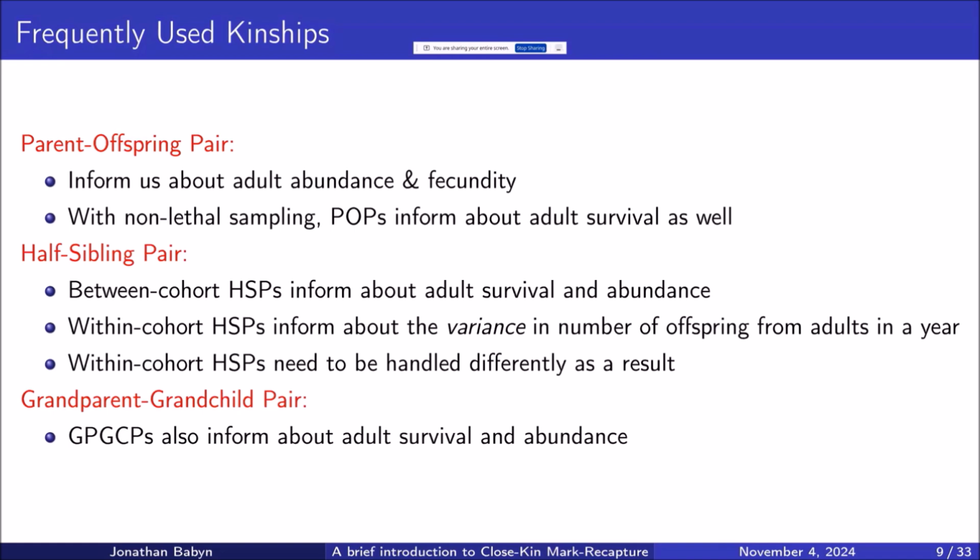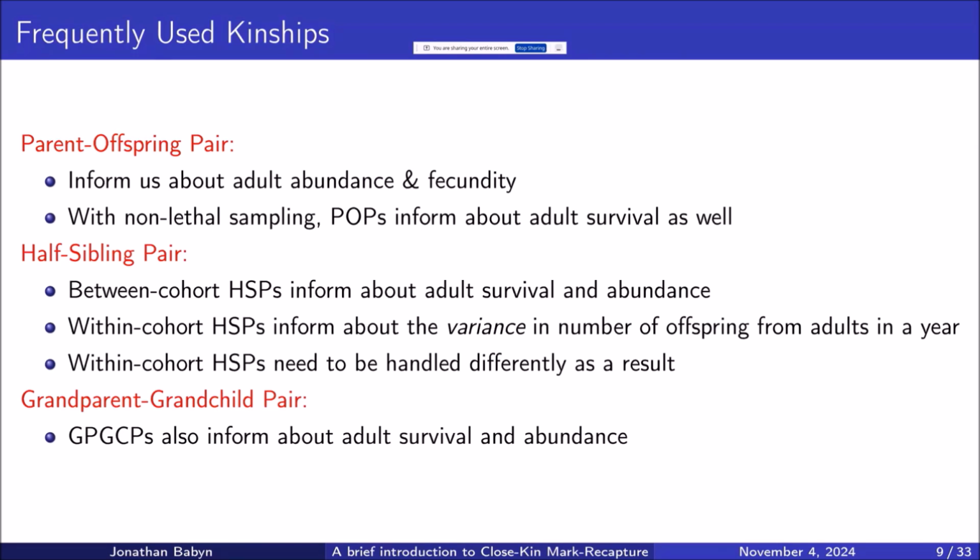These different kinship pairs inform us about different things going on in the population. Parent and offspring pairs tend to inform us about adult abundance as well as fecundity or relative fecundity. And potentially, if we've done non-lethal sampling, then parent-offspring pairs can also inform us about adult survival.